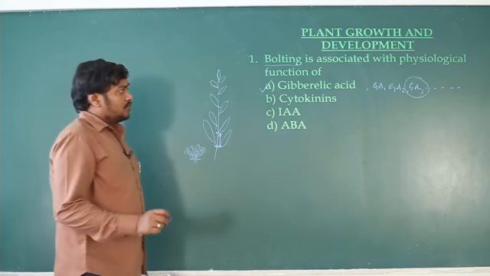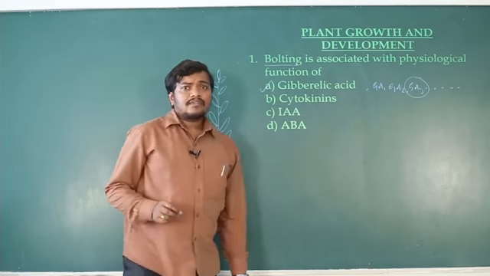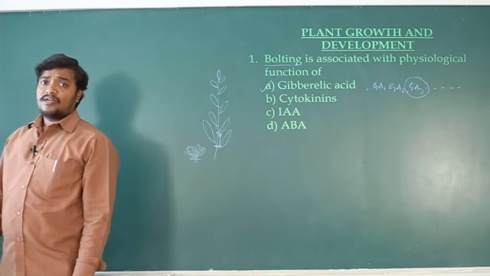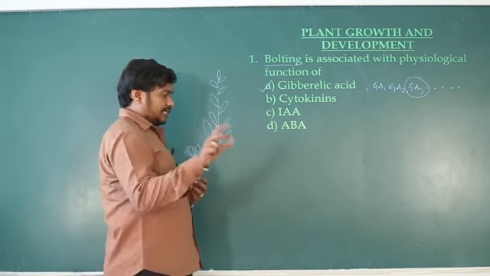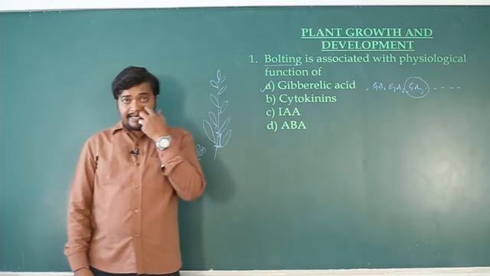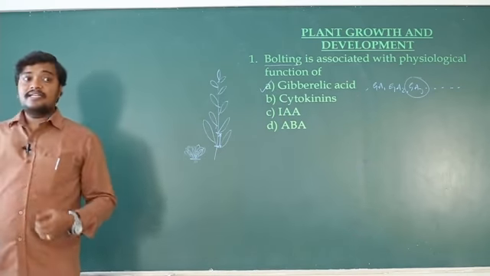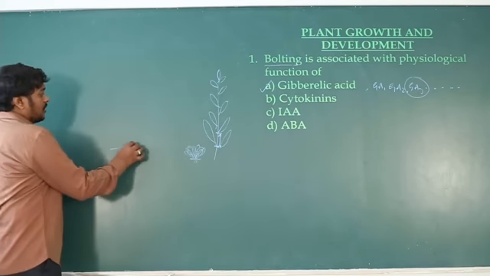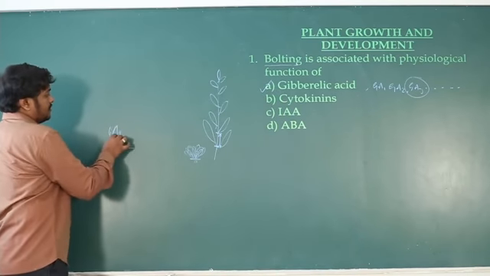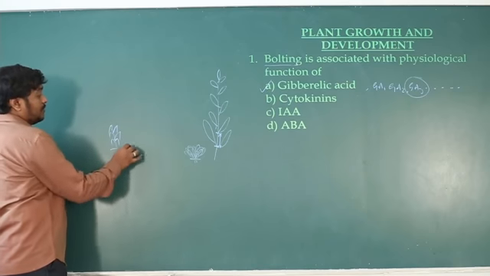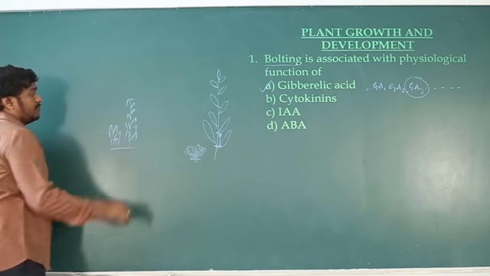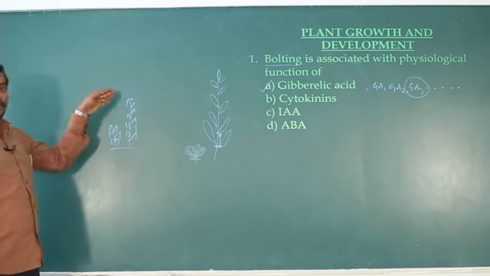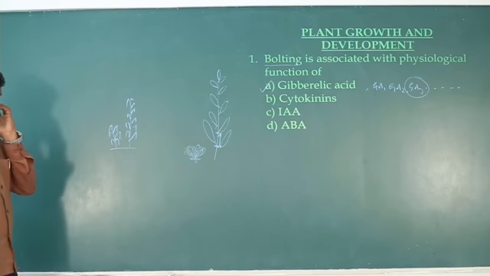As you know, gibberellic acid was first isolated by a scientist called Kurosawa by observing a rice plant disease called Bakanae disease or foolish seedling disease. Normal rice seedlings have a certain height, but a few plants showed very tall nature, so he called it foolish seedling disease. In Japanese it is called Bakanae disease.